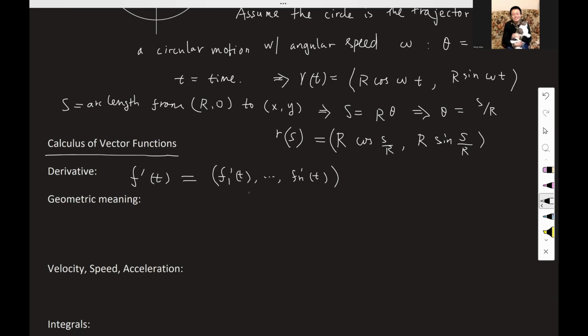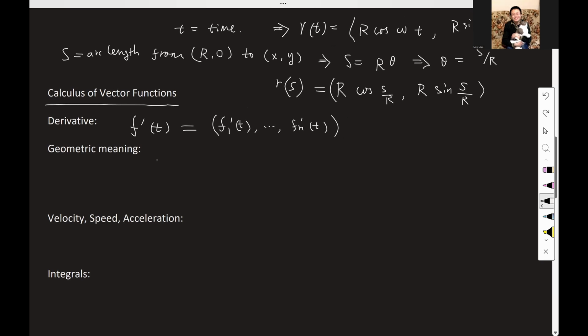Because recall, what is the definition of a scalar derivative? The scalar derivative is the instantaneous rate of change. And that meaning gets carried over to vector functions as well. So imagine we have this vector-valued function visualized as a parameterized curve. And let's say this is t, and here we have the location r(t).